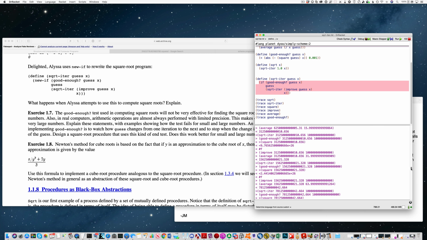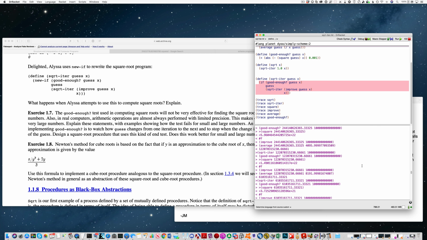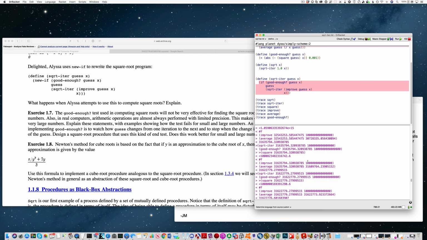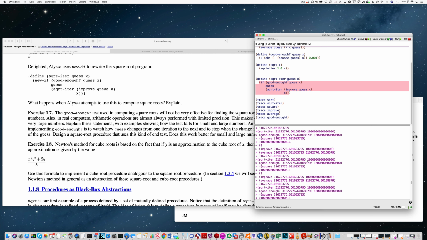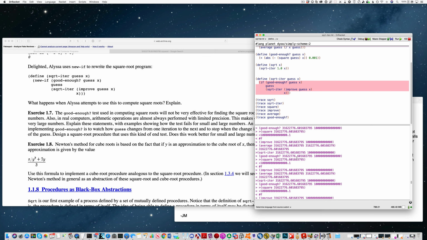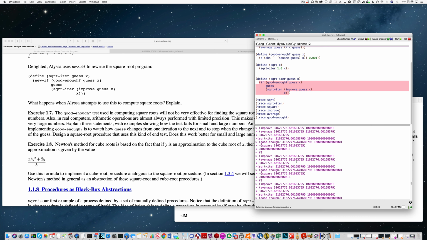It starts out fine, but then it gets to a point where it's not getting any closer. And I think what's happening is that there's only so much accuracy; it only keeps track of like 16 or 17 digits or something like that, from what I counted.